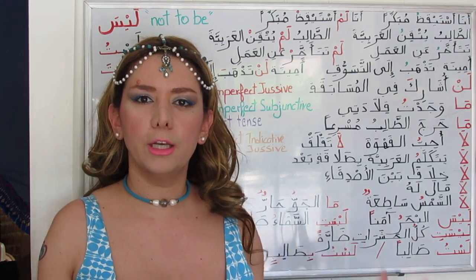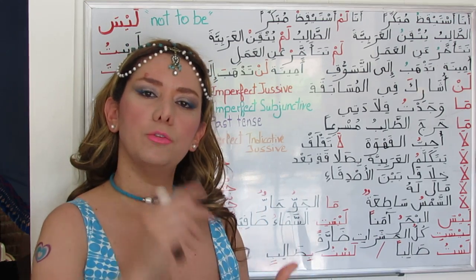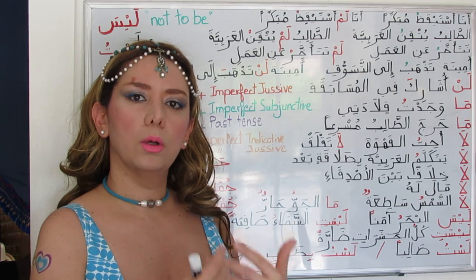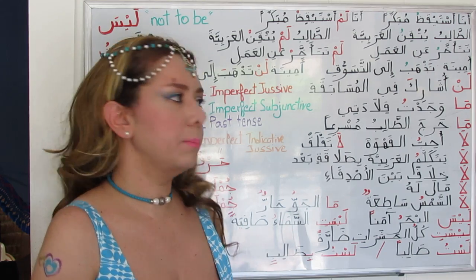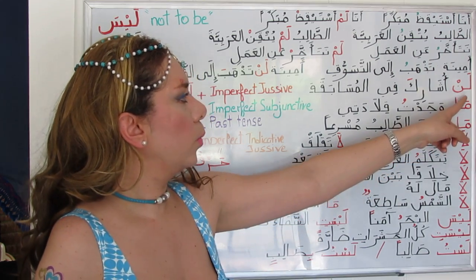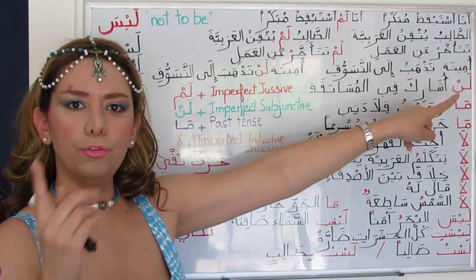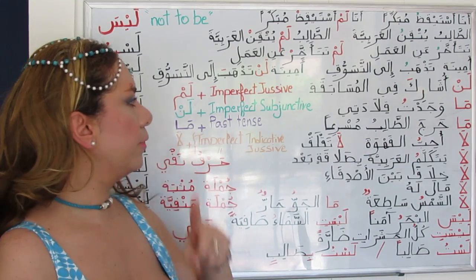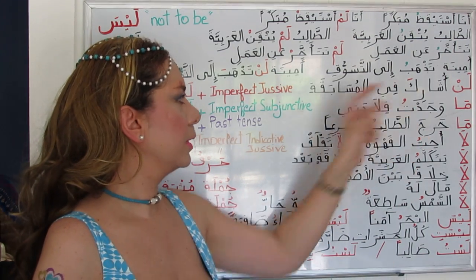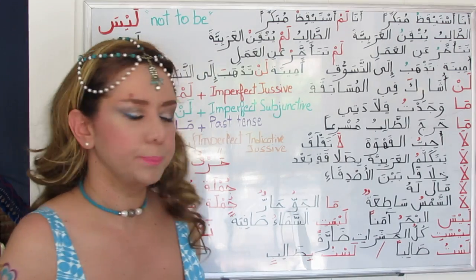So we will have a regular imperfect indicative with the dhamma. أنا أشارك. I am participating or I participate. So when we introduce لن, we'll have the verb conjugated in the imperfect subjunctive. لن أشارك في المسابقة.